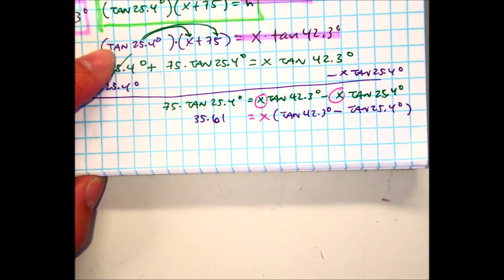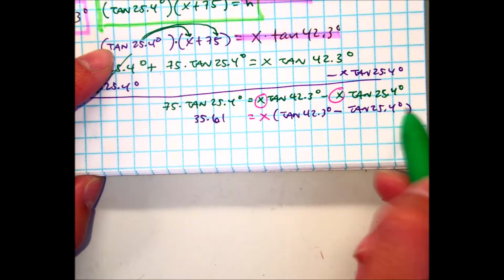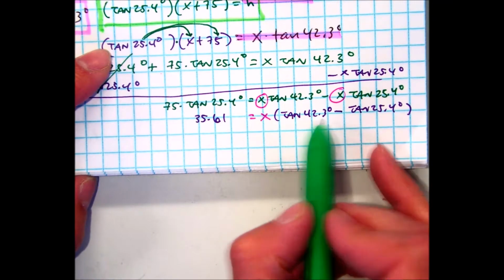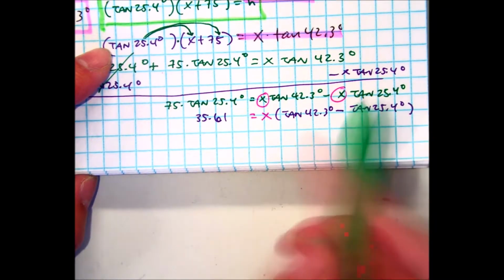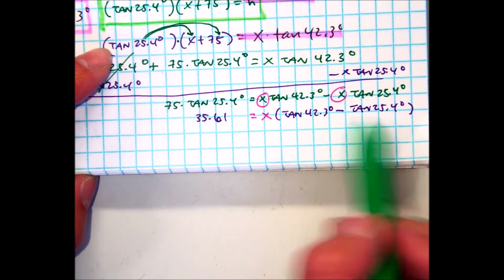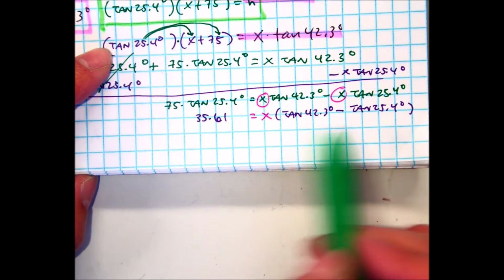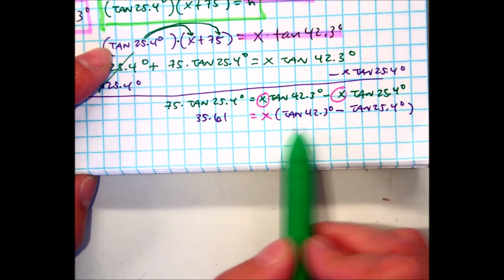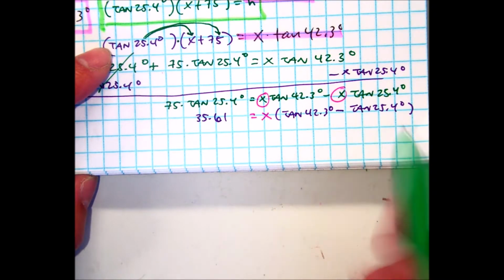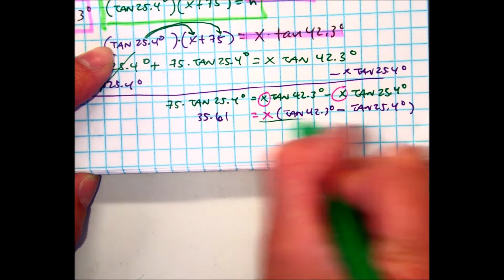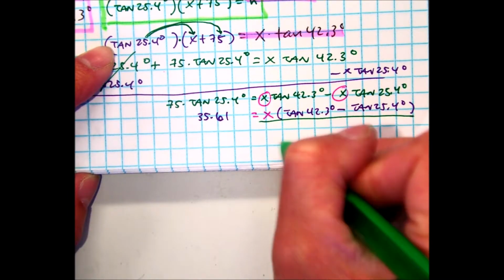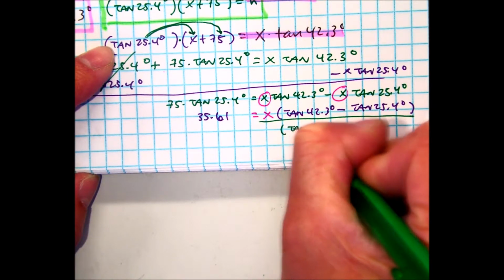The next thing I'm going to do is now move all of this away from the x. And you cannot subtract the angles. You cannot do 42.3 minus 25.4 and then press tangent. That'd be incorrect. They call this the difference identity of tangent. So now I'm going to divide this whole expression.